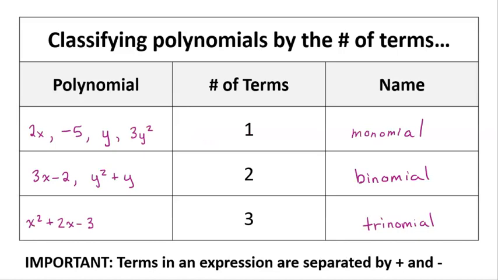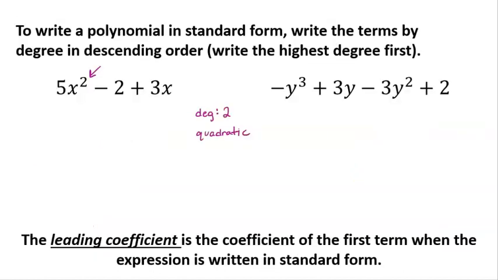And then if I go back here, if I'm looking at my number of terms, I see that I have 1 term, 2 terms, and 3 terms. And so that's going to be a trinomial. Okay, so when you're doing your practice, it's often going to ask you for all 3 of these things. All right, and then now let's get it into standard form.